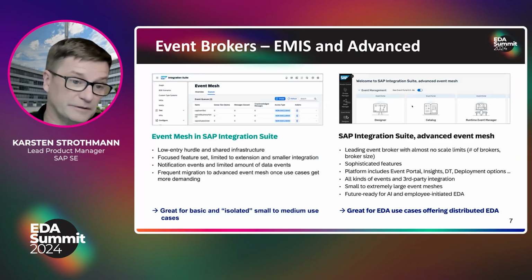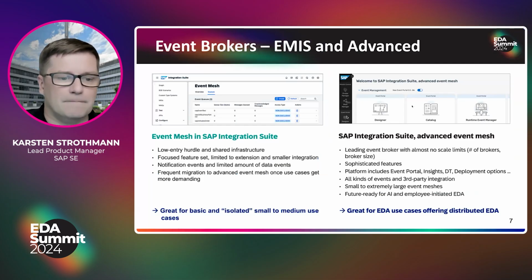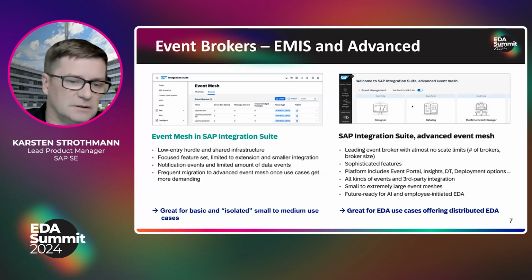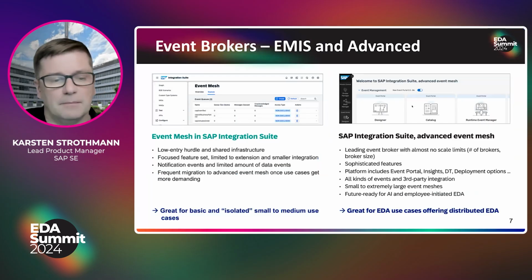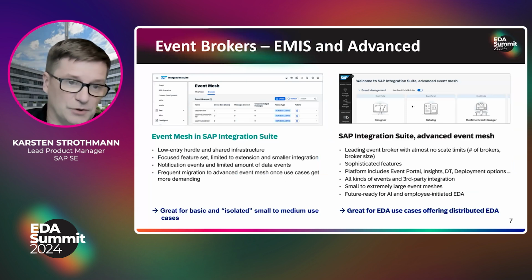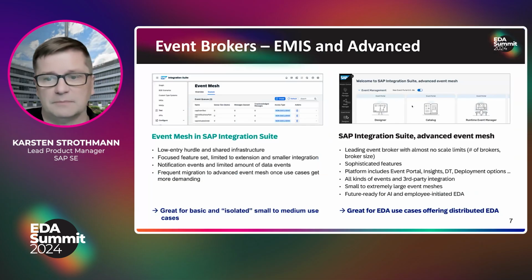So it's geared for notification events and a limited amount of data events. The clear goal is that you really learn to like event-driven architectures and then migrate to Advanced Event Mesh. So it's great for basic and isolated small to medium use cases. Important point here, it's an event broker. It's no network of events, no event mesh.